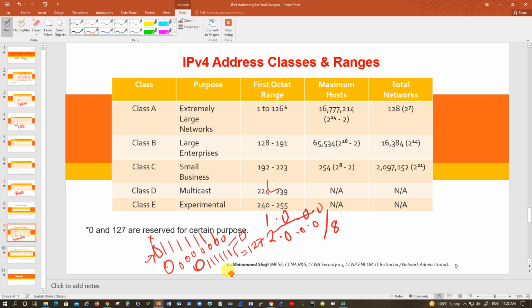Because the total size of one octet is 255. All 8 ones will be equal to 255. So values will begin like this: 1, 2, 4, and so on. You can see the binary to decimal conversions; plenty of them are available on YouTube. In some of my other videos I'll try to explain how to convert these numbers.